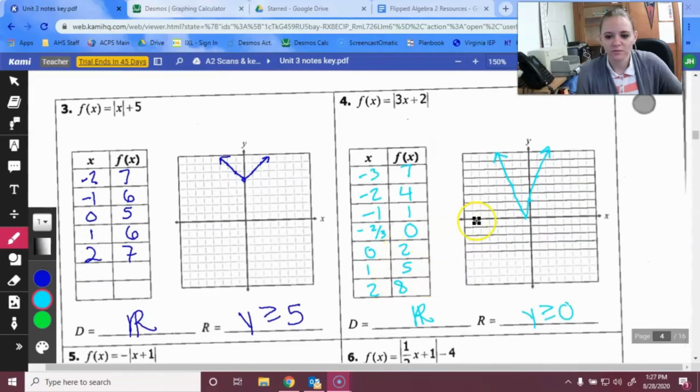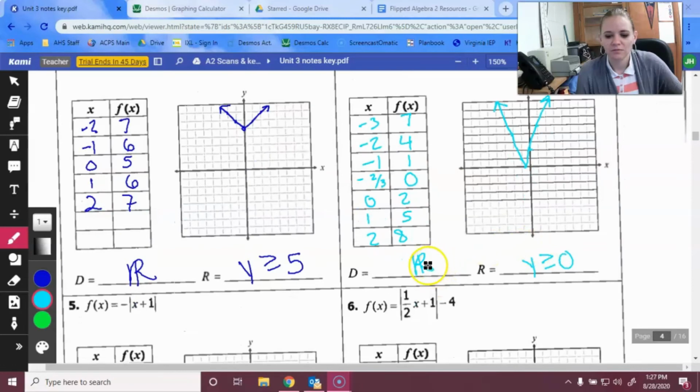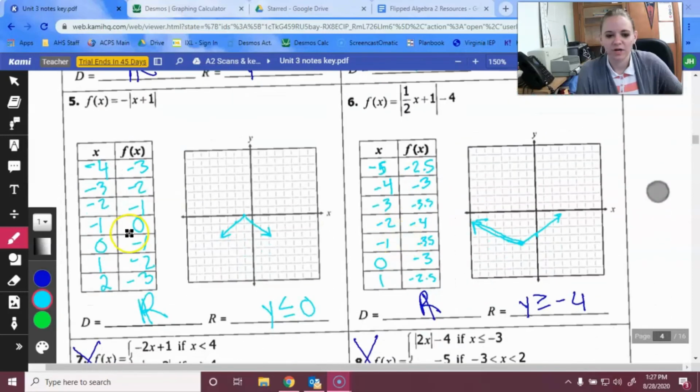Number 4 looks like this. And domain is all real numbers. Range is greater than or equal to 0. Number 5, a little bit different. This is the graph. And domain is all real numbers. Range is less than or equal to 0.